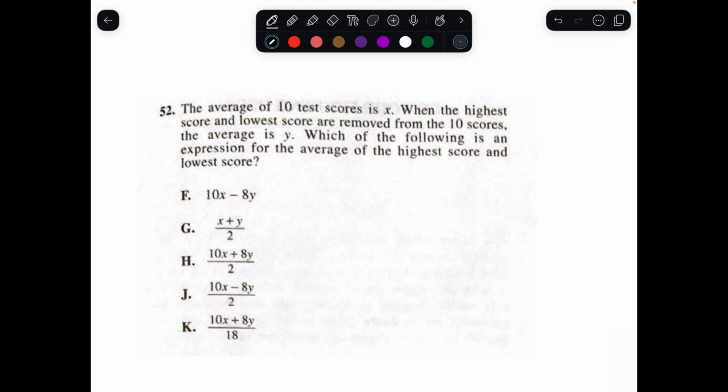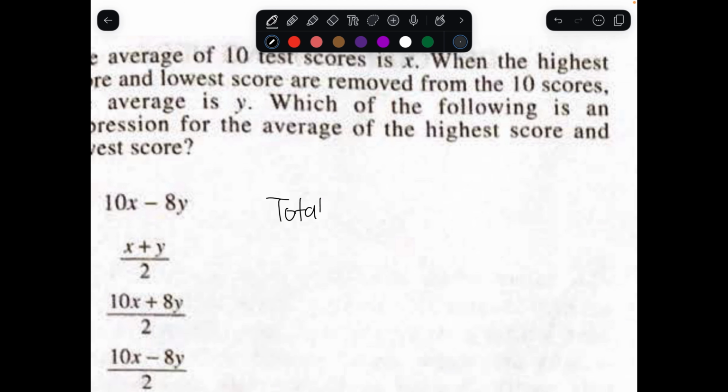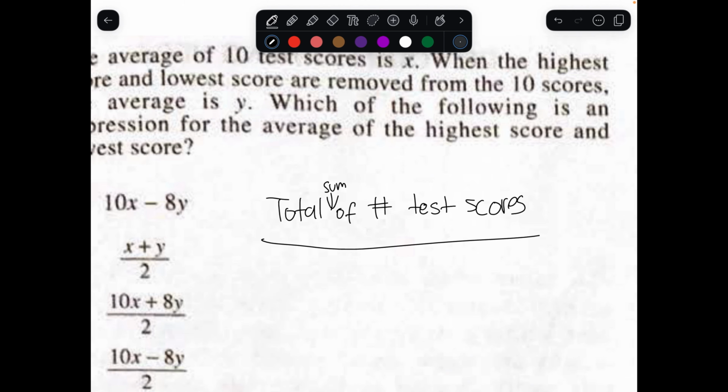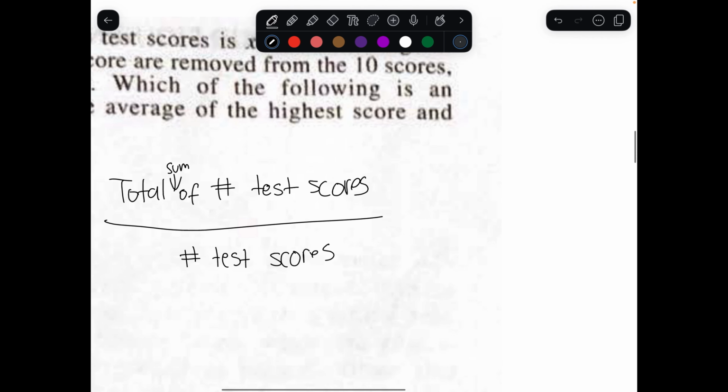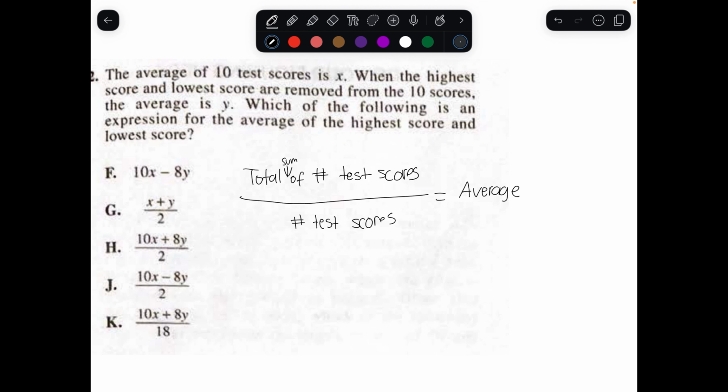So for this question, what you need to remember is that the total sum of the test scores, divided by the number of test scores, equals your average test score, right?